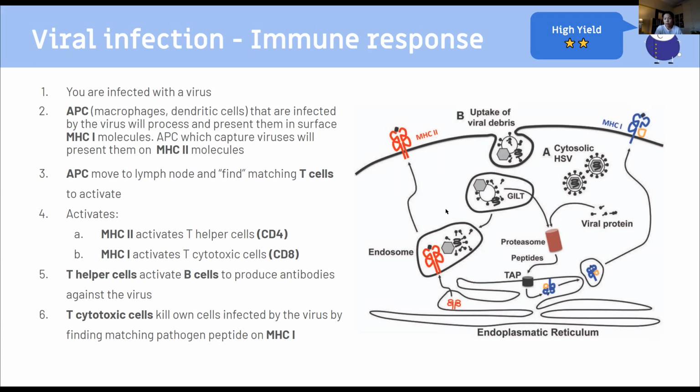Well, it's not going to be very useful if the virus is inside a cell, but it's going to be very useful if the viruses are floating around freely in the blood plasma. For example, if the virus bursts out of the cell, then these antibodies will be able to effectively attach onto them. Finally, those cytotoxic cells will kill our own cells which have been infected by the virus through recognizing that MHC class 1 and peptide combination.